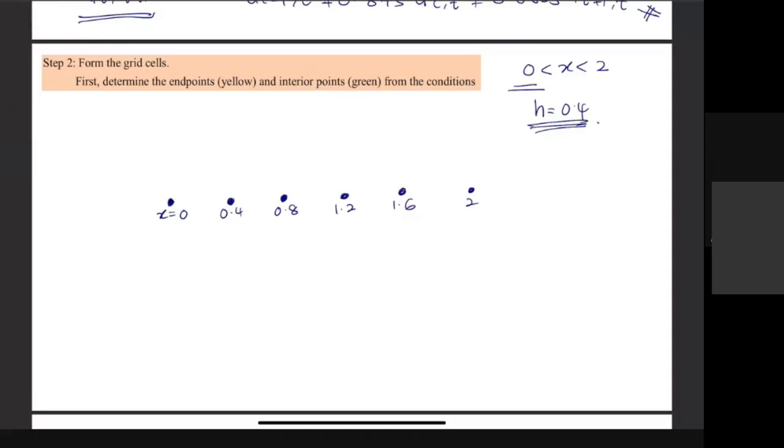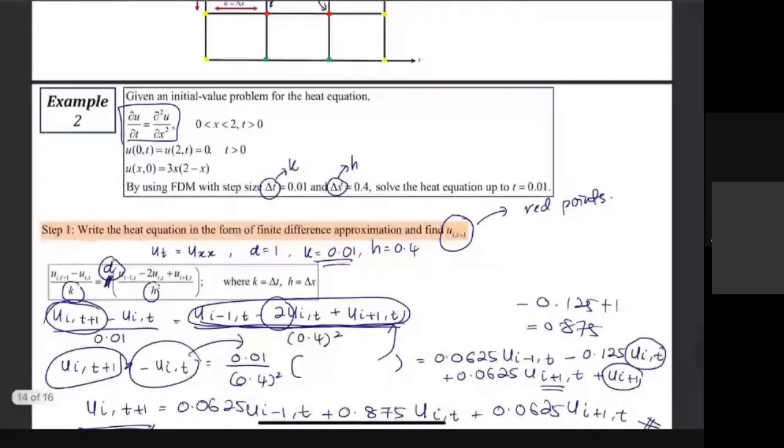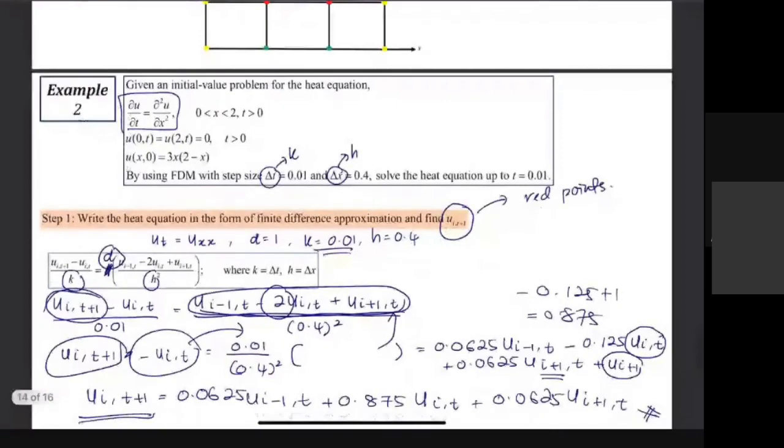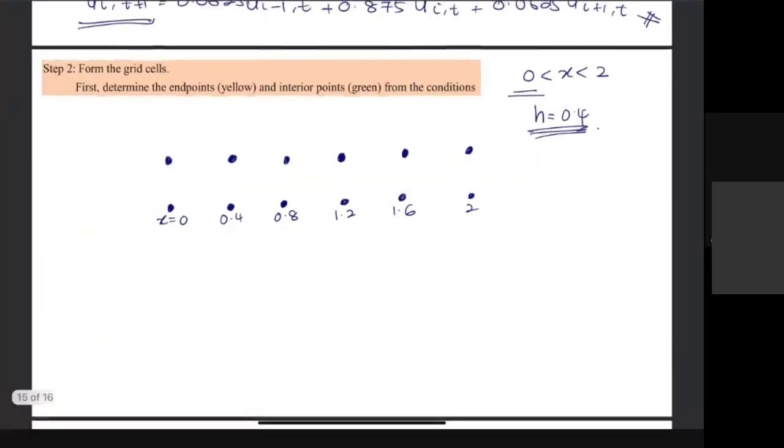Okay, we determine the next level of the grid point. The question asks you to solve the heat equation up to T equal to 0.01. So remember our k equal to 0.01. So we just want these values only.